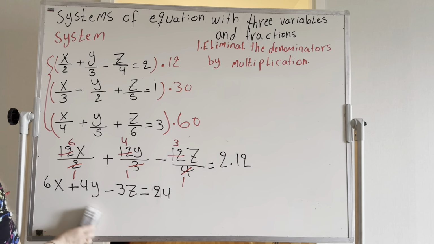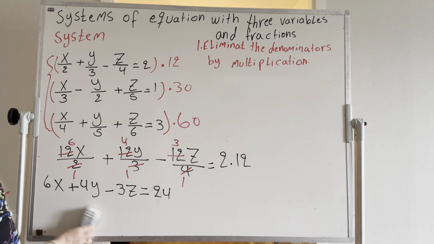So I multiply 30 with all the terms. Now 30 divided by 3, shorten here, it will be 10. 30 divided by 2 is 15. 30 divided by 5 equals 6, and 30 by 1 equals 30.